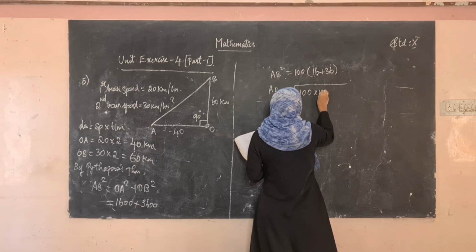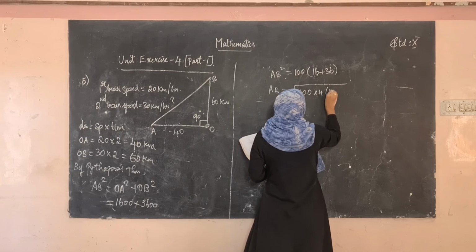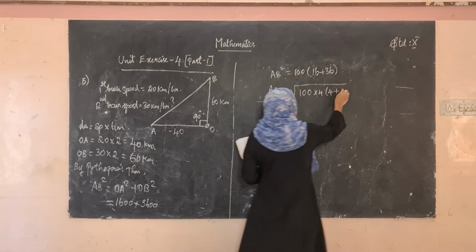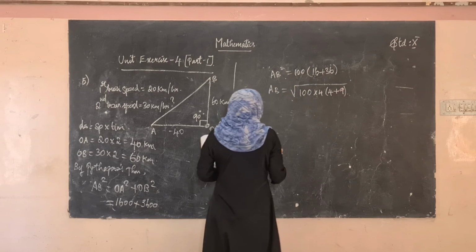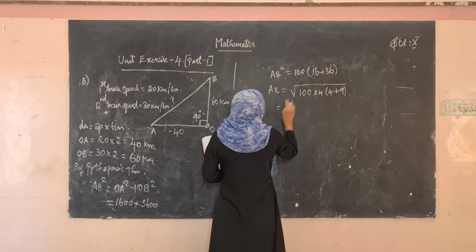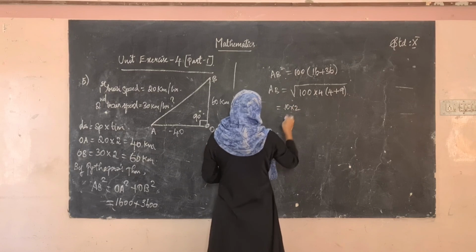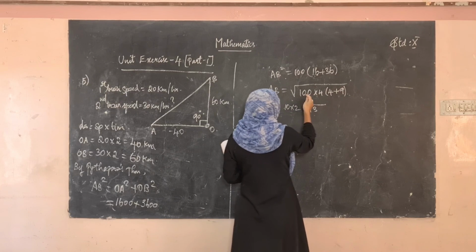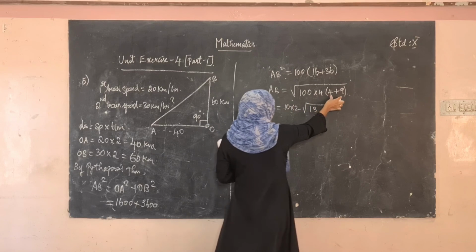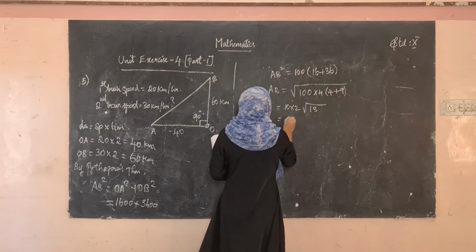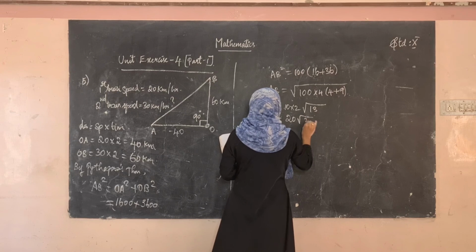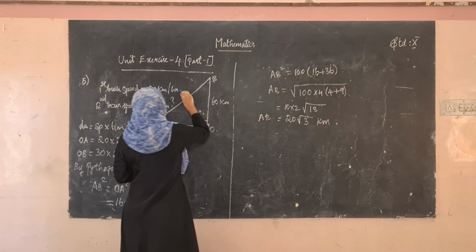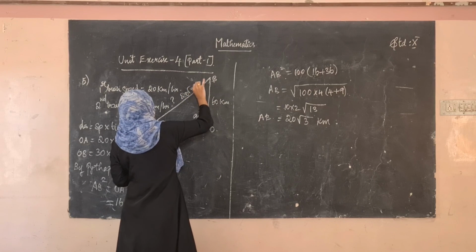If we take 4 outside, 16 becomes 4 and 36 becomes 9, so 4 plus 9 here, which is 13. So this is 20 root 13 kilometers. So what's the value of AB? The distance between the two trains is 20 root 13 kilometers.